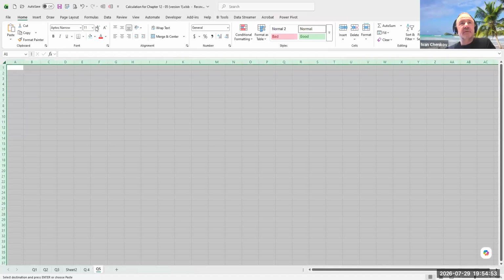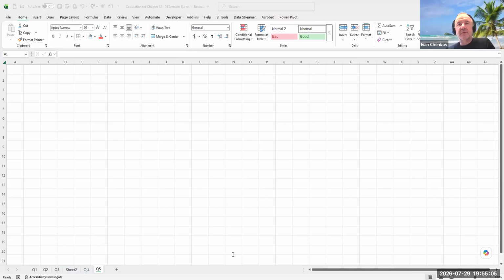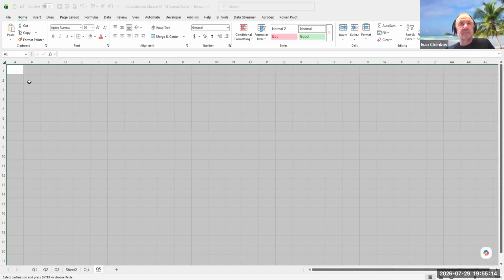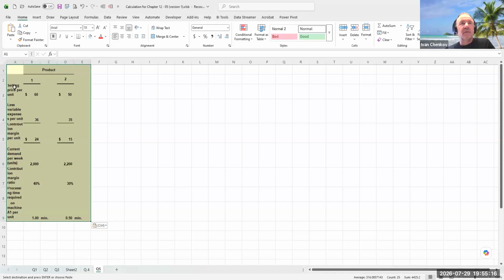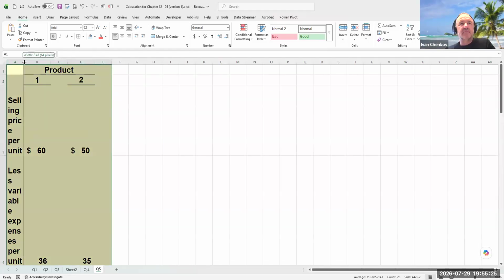Let's format it first, so we will spend a little bit less time. Fortunately, Excel forgot that I copied something, so I have to copy it again. There you go, that's our information now. The only thing I have to do is make it bigger and more presentable.